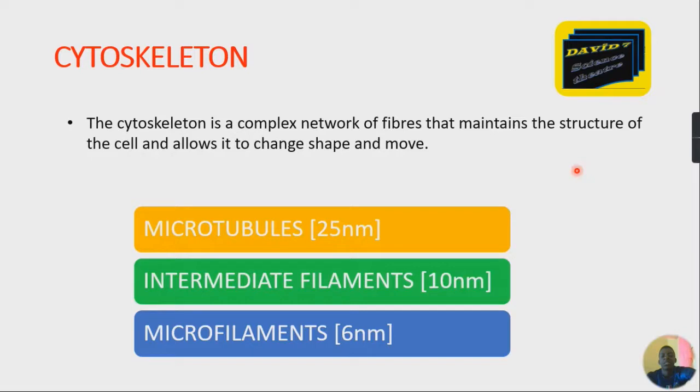The cytoskeleton majorly includes microtubules, whose diameter is around 25 nanometers, and intermediate filaments, whose diameter is around 10 nanometers. Then we have microfilaments, the smallest, whose diameter is between 6 and 8 nanometers. Some say 7, around there.